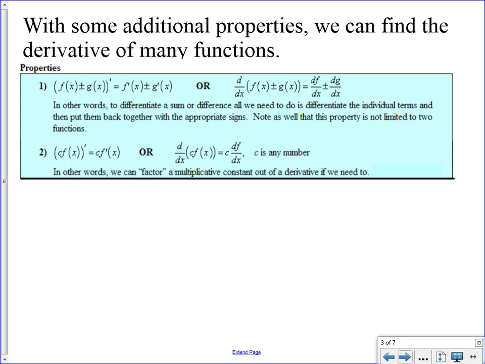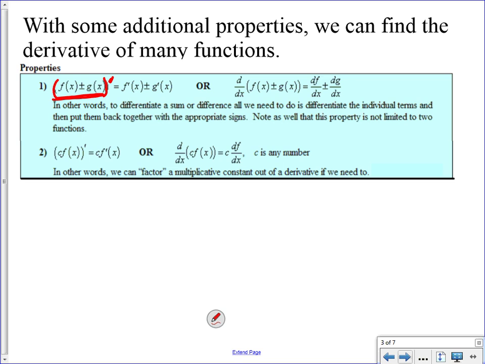All right, now we have some additional properties to help us find derivatives, and these are similar to your limit laws. If you think back to the limit laws that we learned. The first one says if you are adding or subtracting two functions, f of x plus or minus g of x, and you find the derivative of that, that's what this prime symbol means, basically you can split it up.